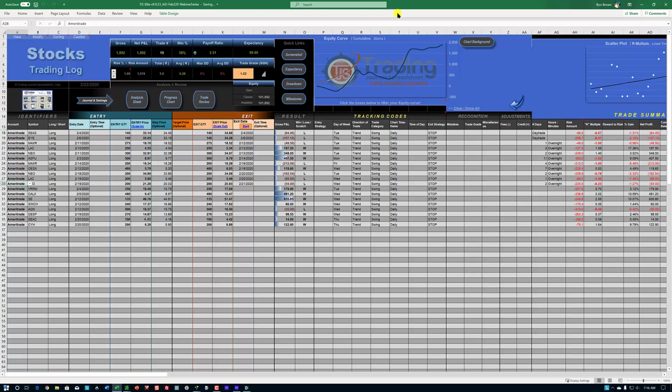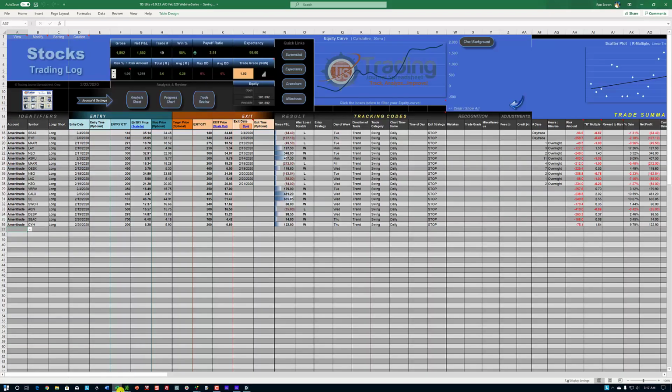You can see that these are all small trades, and the reason is I'm only risking $250 per trade. Everything is set up in my risk spreadsheet. If you're an HGSI subscriber or an Insider Club subscriber, even if you're just an HGSI subscriber, I will make my spreadsheets available to you.